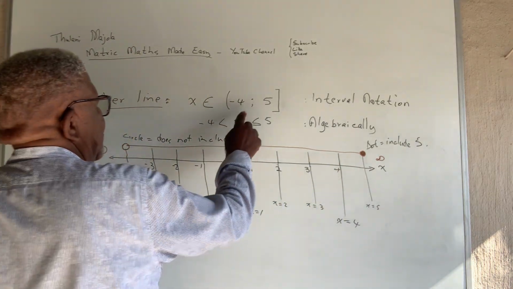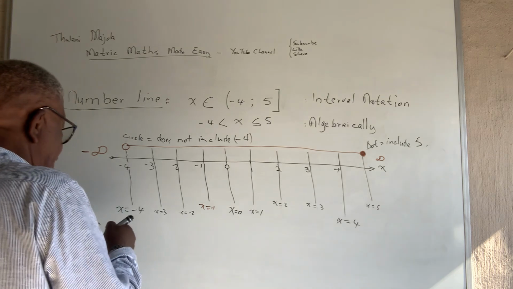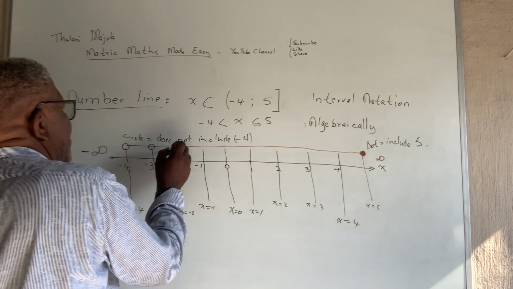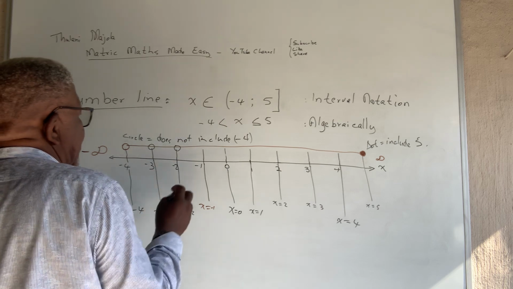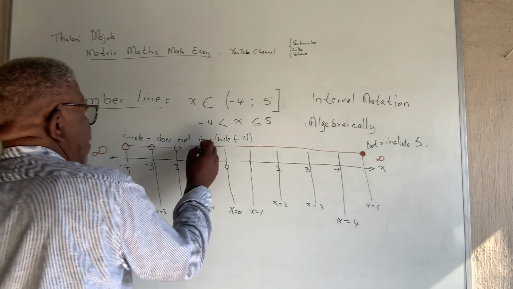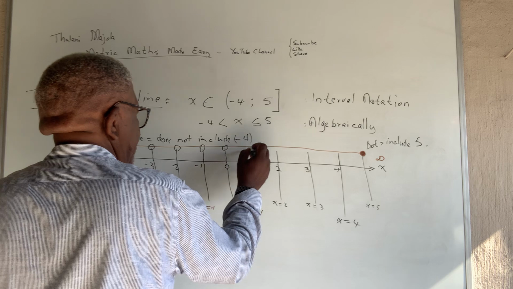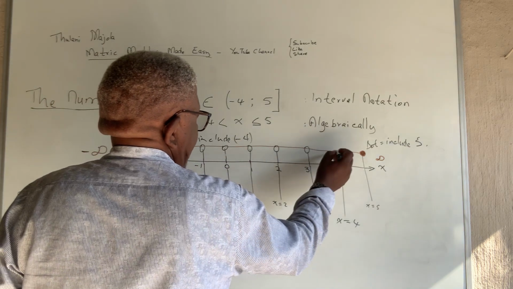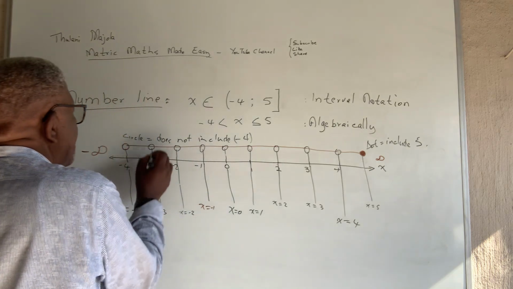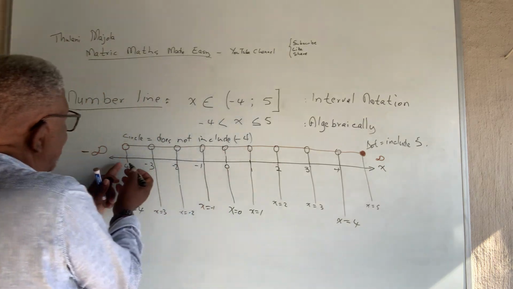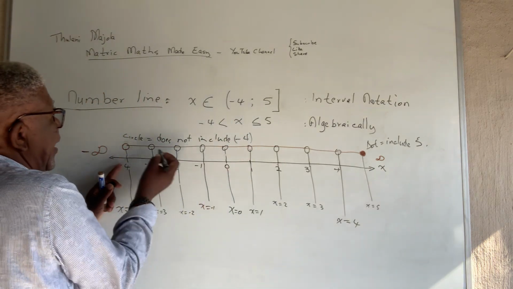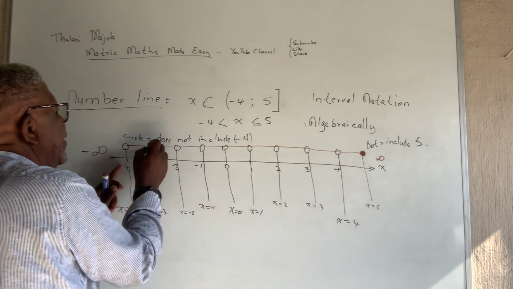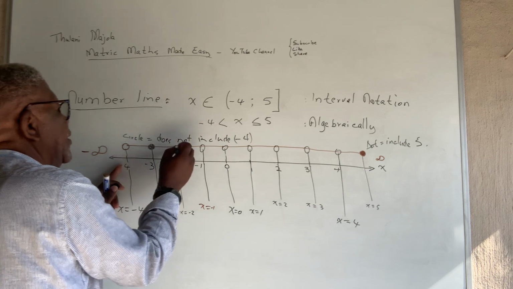So the integers between -4 and 5 are -3, -2, -1, 0, 1, 2, 3, 4. But -4 is not included, because the integers, they say no, we don't want -4. We only need the ones that are greater than -4.